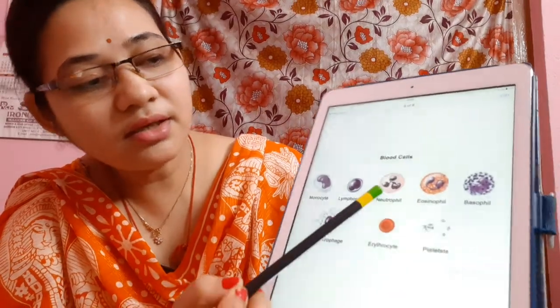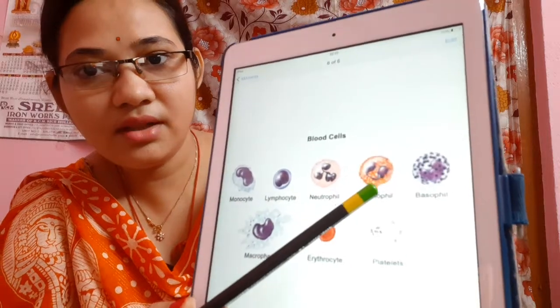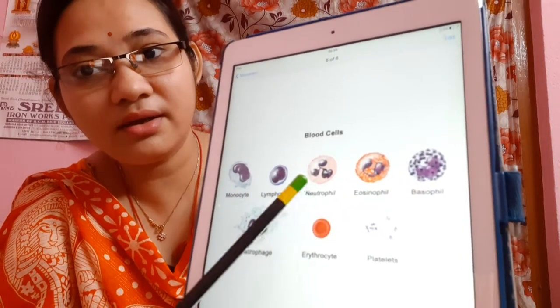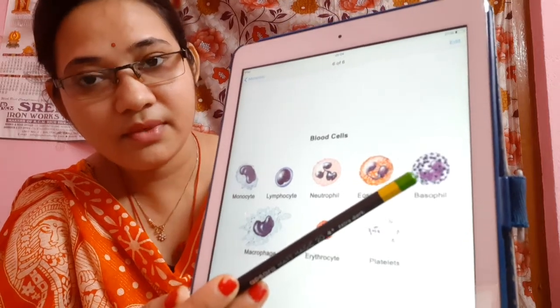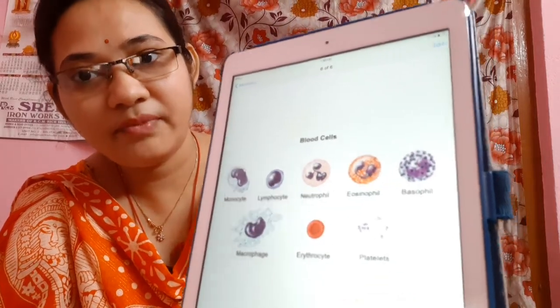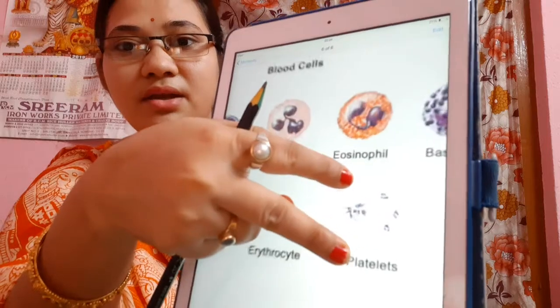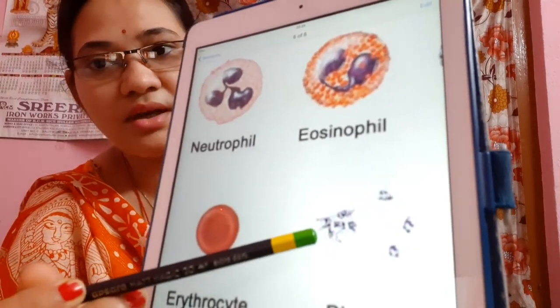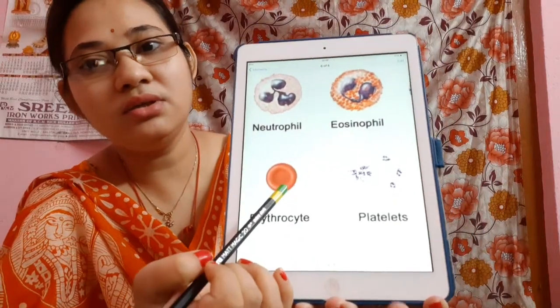Then the neutrophil, the eosinophil and the basophil. They have granules in them, so they are called granulocytes. And these are the platelets, plate-like structures. They are also nucleated, but RBC is not nucleated.